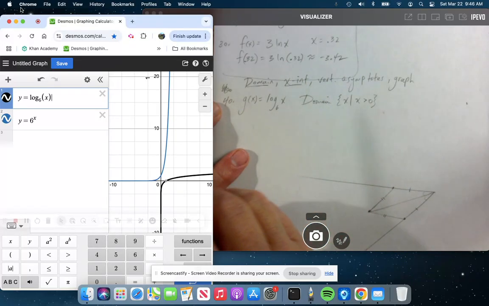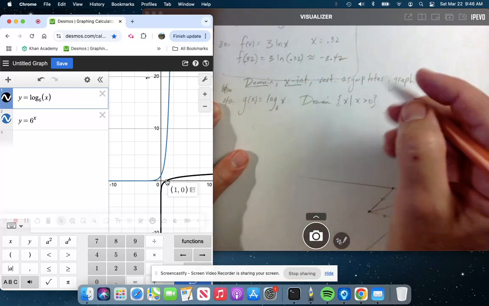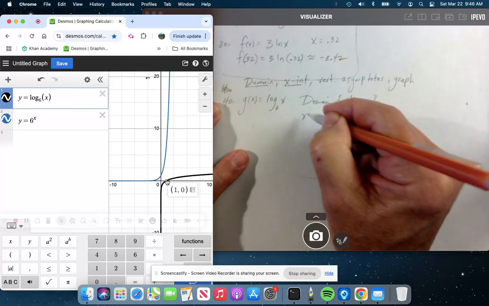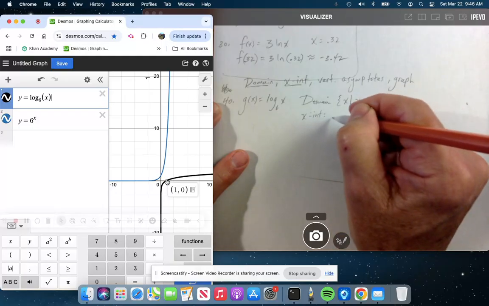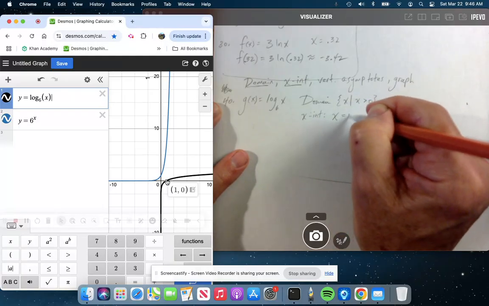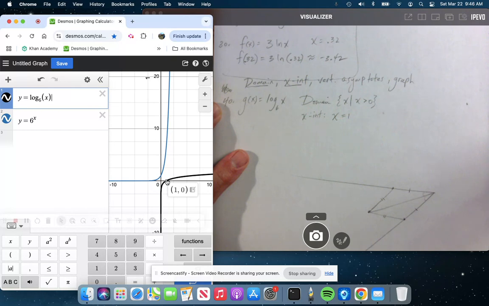The x-intercept, that we said was 1, isn't it? Right there. So the intercept is x equals 1. Right? So how do you make y 0? By letting x equal 1. Okay.